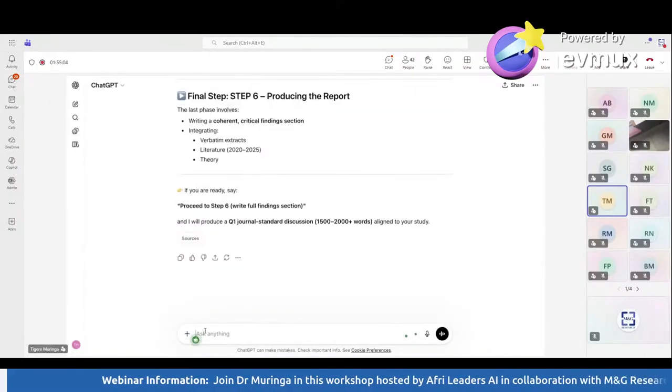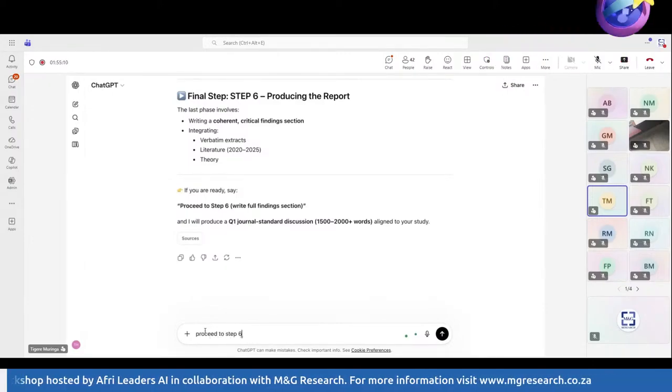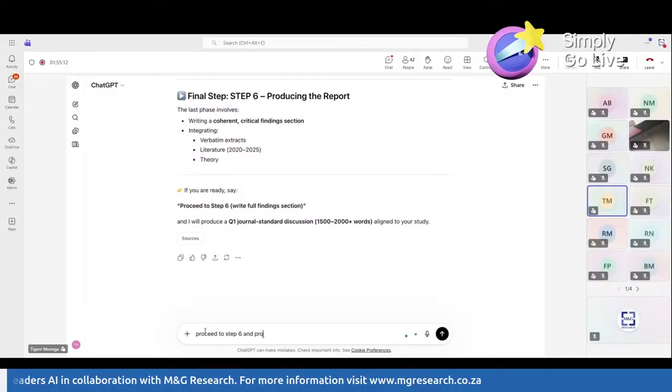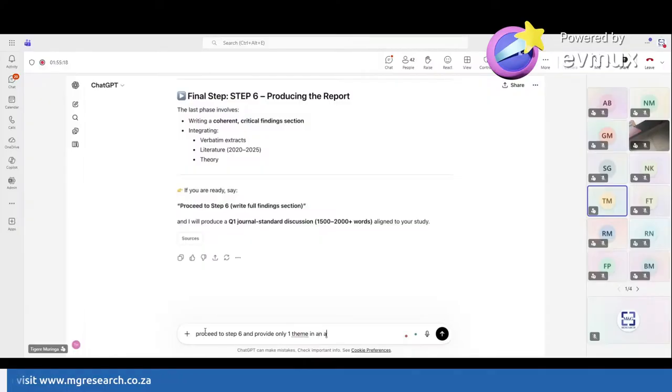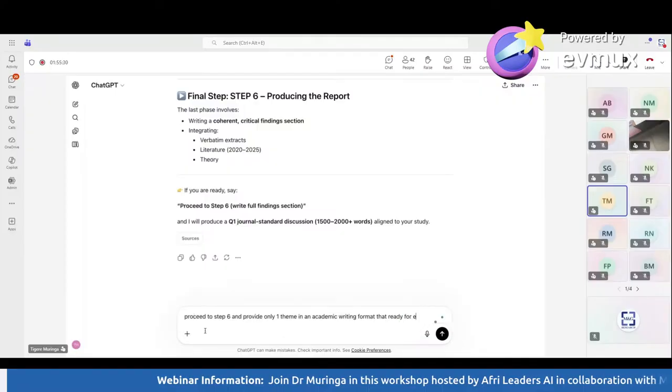I'm just going to say proceed to step 6 and provide only one theme in an academic paragraph, in an academic writing format that's ready for examination.